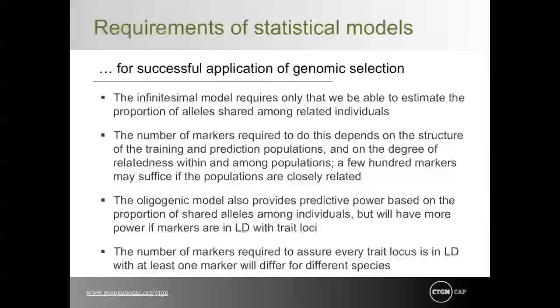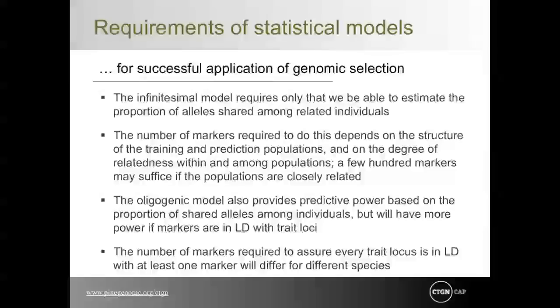The exact number required is dependent on the number of chromosomes in the target species, the size and diversity of the breeding population, and the degree of relationships within and between the training and prediction populations.